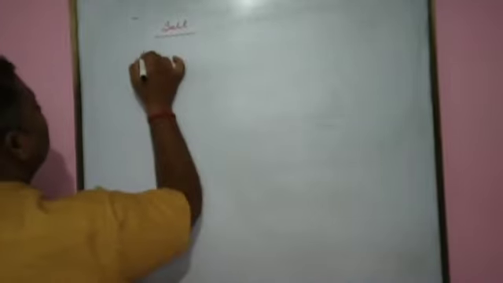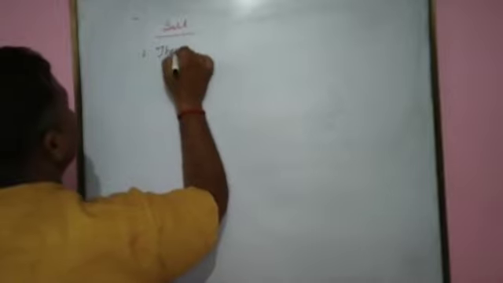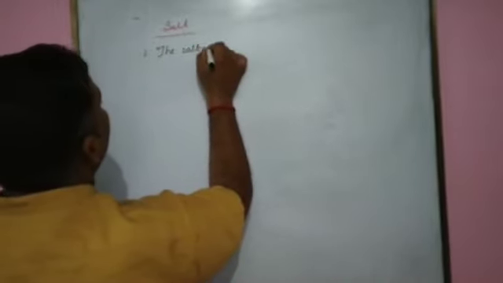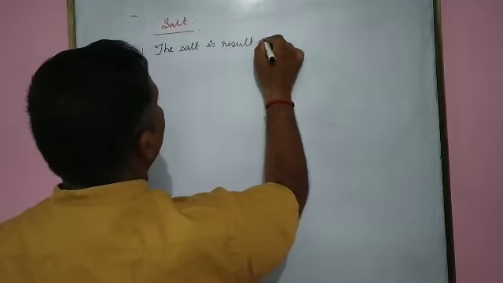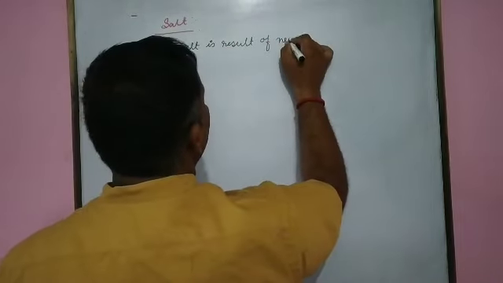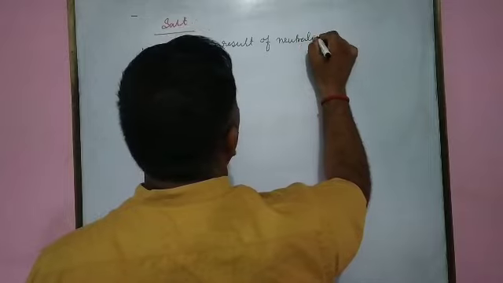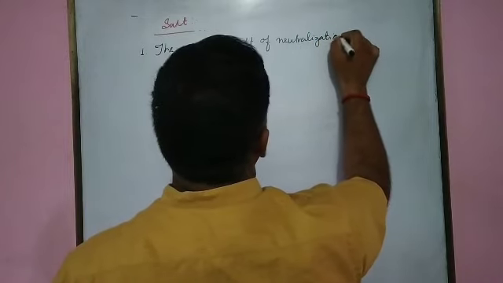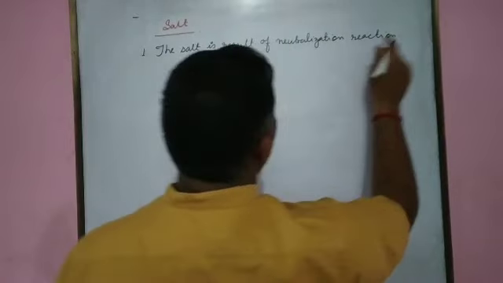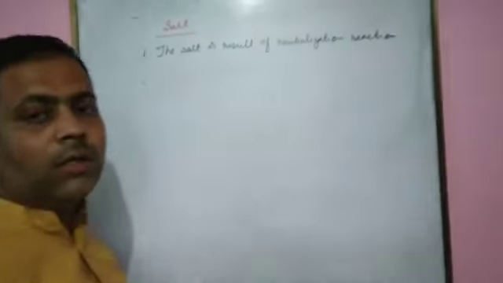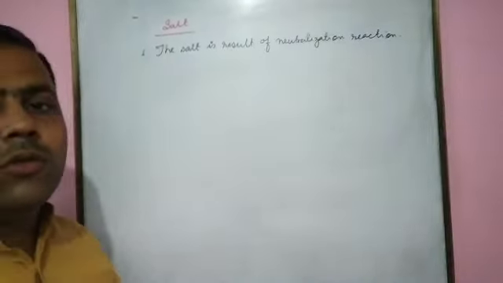The first one, the salt is the result of a neutralization reaction. You know what a neutralization reaction is? It means the salts are produced when an acid reacts with a base.